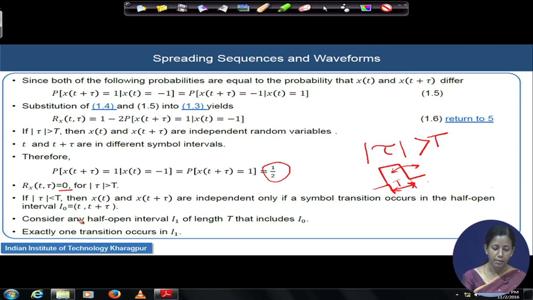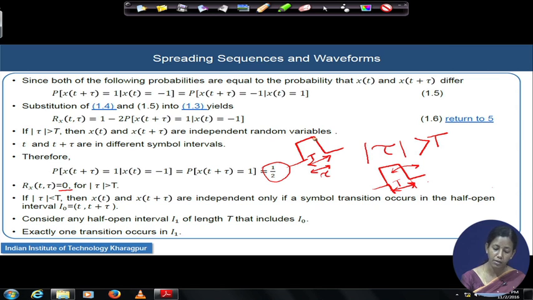Now, what will happen if tau is less than capital T? When it is less than capital T, x(t) and x(t+tau) can be independent if and only if something like this happens. This was the time period capital T, and you have a delay tau which is less than capital T, but still the transmitted symbol x(t) and the delayed received symbol x(t+tau) are not the same.